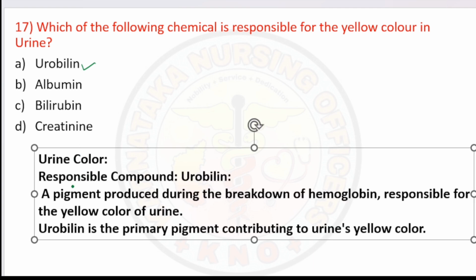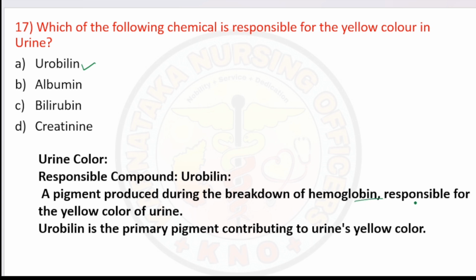For urine color, the responsible compound is urobilin. It is a pigment produced during the breakdown of hemoglobin, which is responsible for the yellow color of urine. So urobilin is the primary pigment contributing to urine's yellow color.